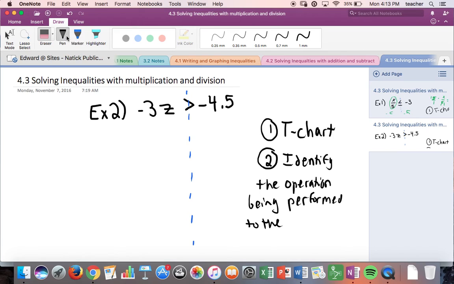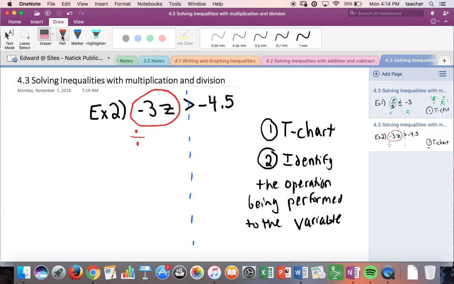When I look at my variable, or my z in this case, I want to see what operation is being performed to that, so I can do the opposite operation to solve. I notice that there's multiplication done between my -3 and my z. Since there's multiplication being done, I need to divide both sides by -3.